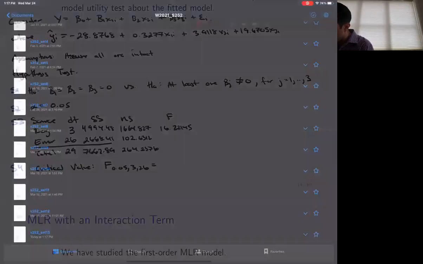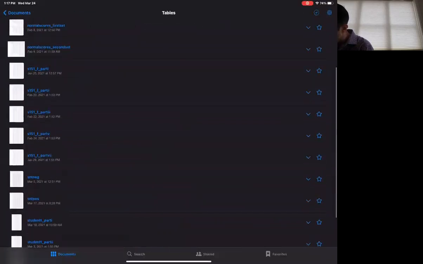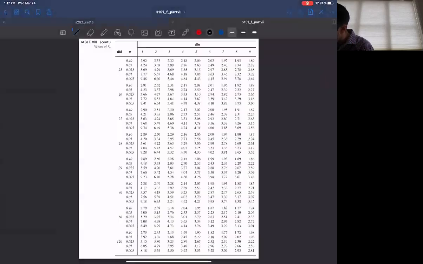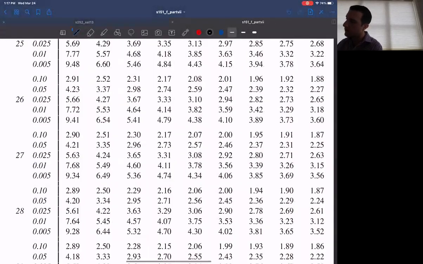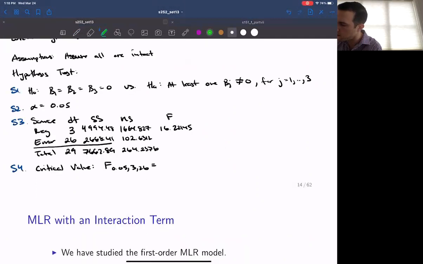If we go to our F table, we have 2.98. We know it's a one-tailed test. Our test statistic is bigger than the F value, so we can reject.